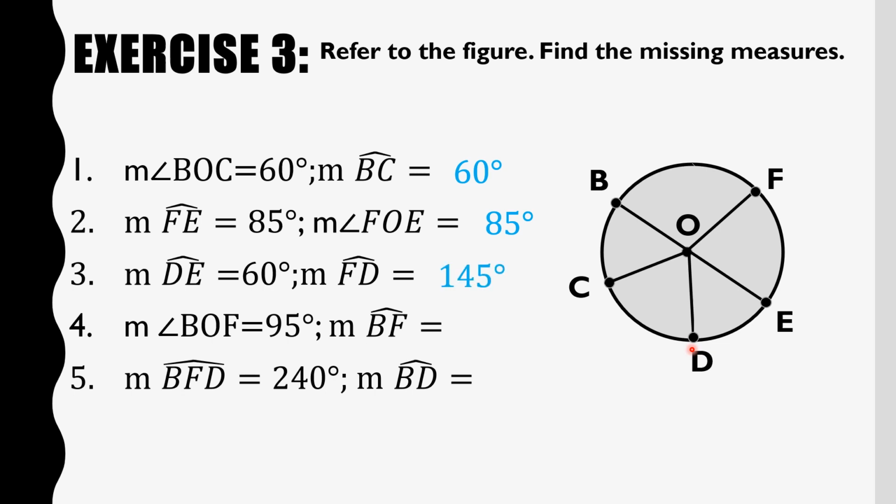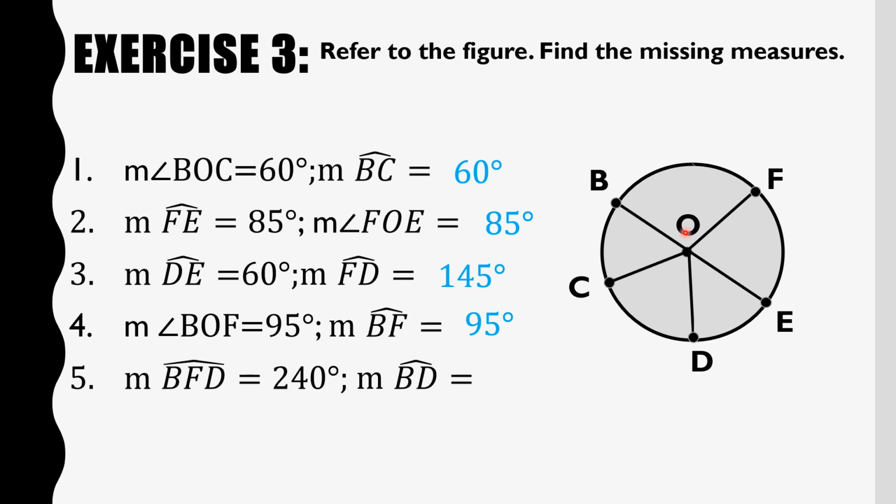So for number 4, what is the measure of BF, if the angle BOF is 95? That is correct. It is also 95 degrees, since the corresponding angle is equal to the degree measure of its intercepted arc.